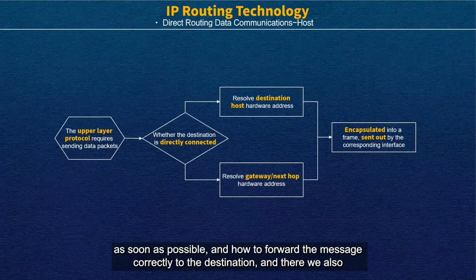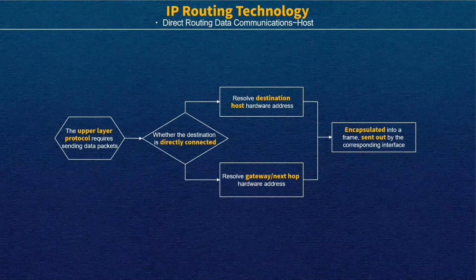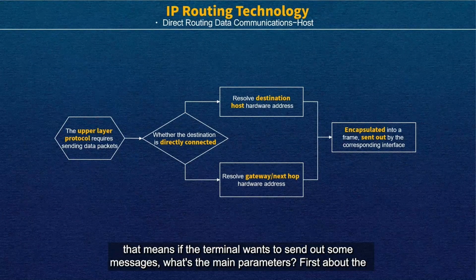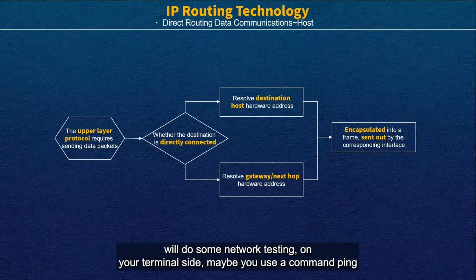And there we also have some principles. First, let's say the direct routing data communication. About the host side, that means if the terminal wants to send out some message, what are the main parameters? First, about the terminal, maybe the upper layer protocol requires sending data packets, right? For example, we will do some network testing.